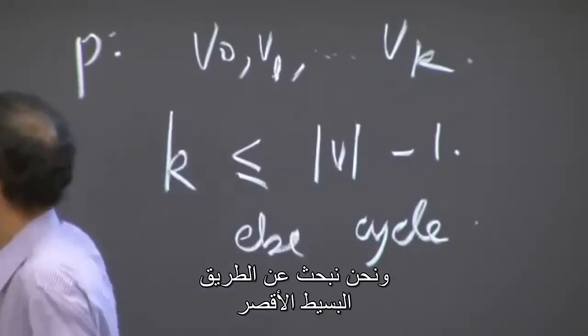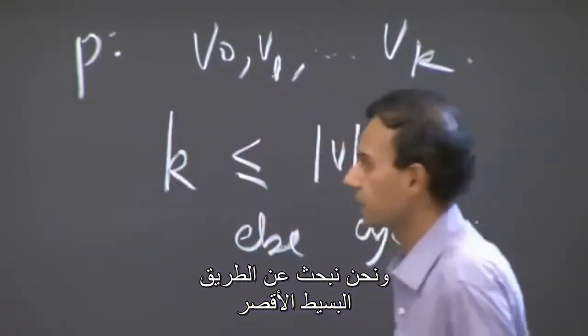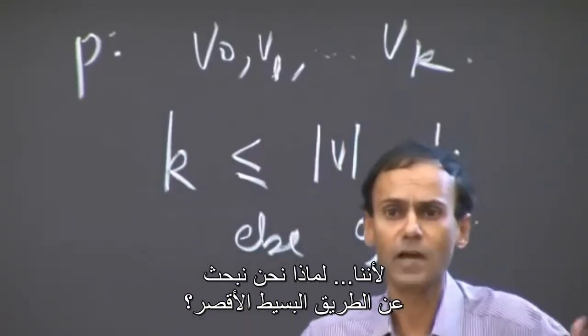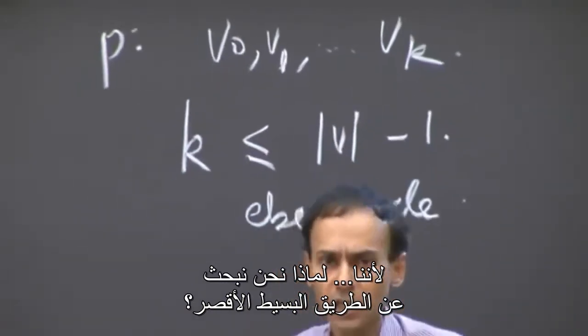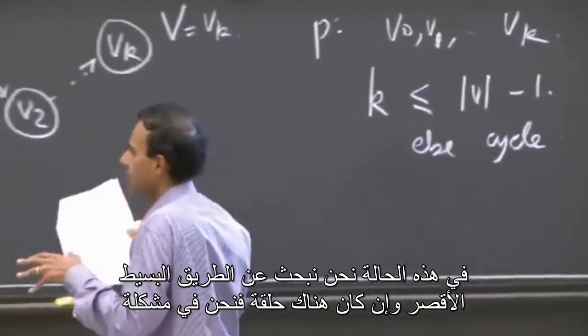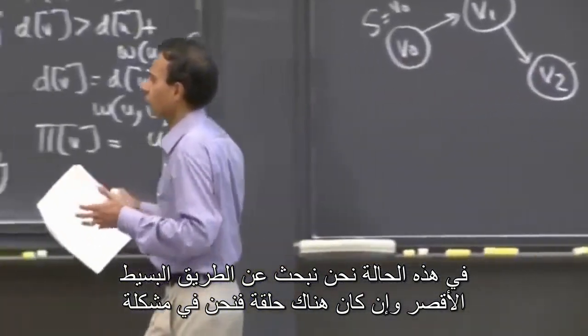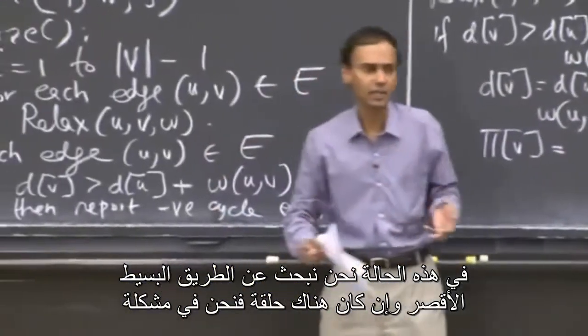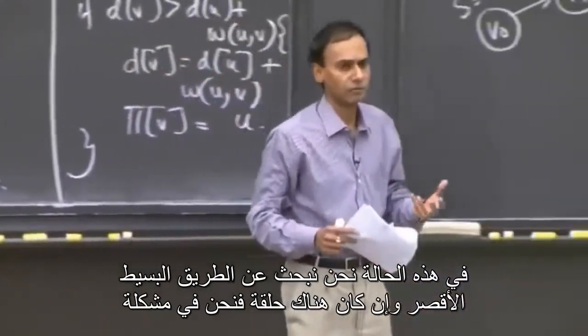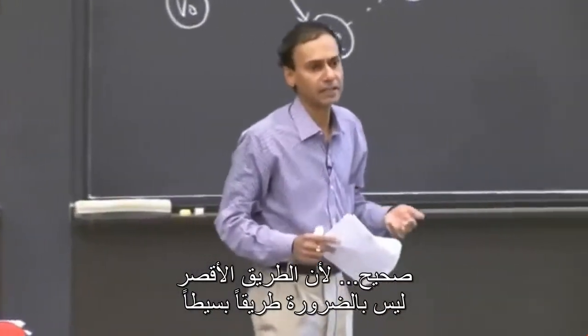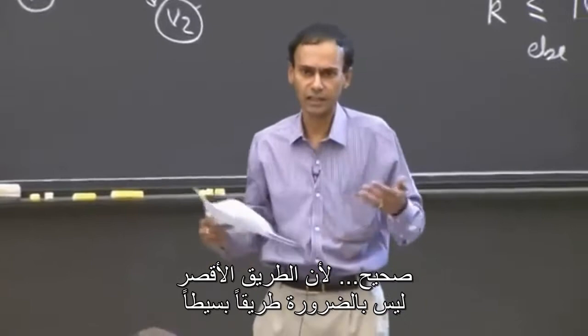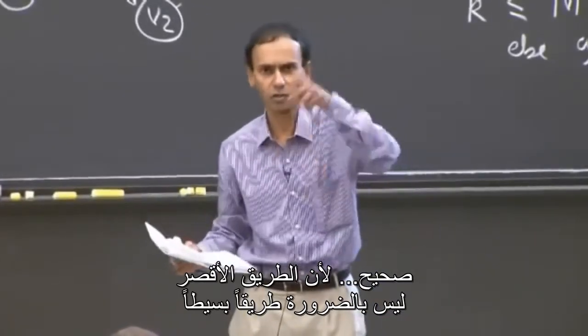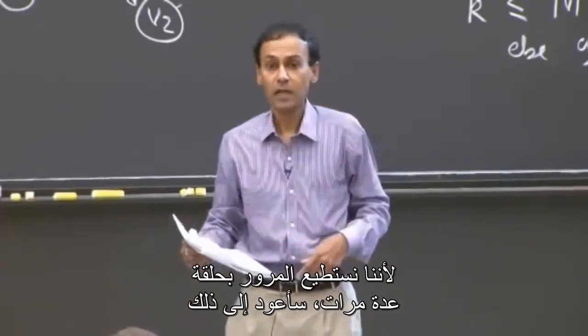And we're looking for the shortest simple paths. Why are we looking for shortest simple paths? Well, if there's a negative cycle, we're in trouble, right? Because the shortest path is not necessarily the simple path, because you could go around the cycle a bunch of times.